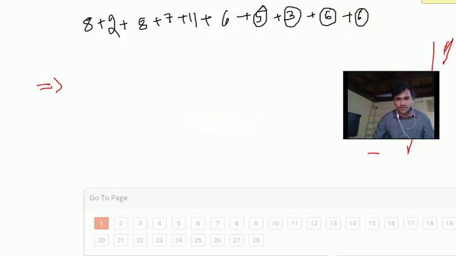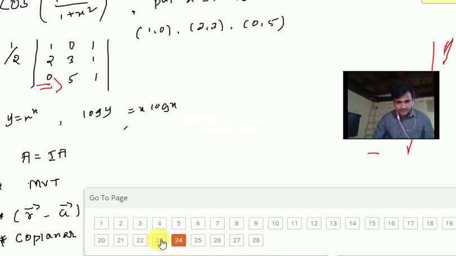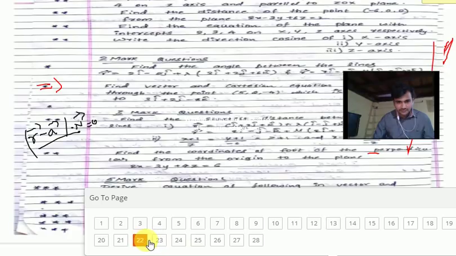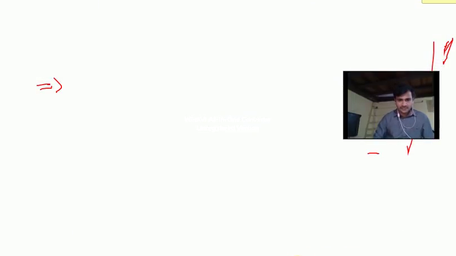Then you have LPP. So in LPP, definitely you can solve the graph. Therefore, that 6 marks will be fixed. So you can easily score that 6.